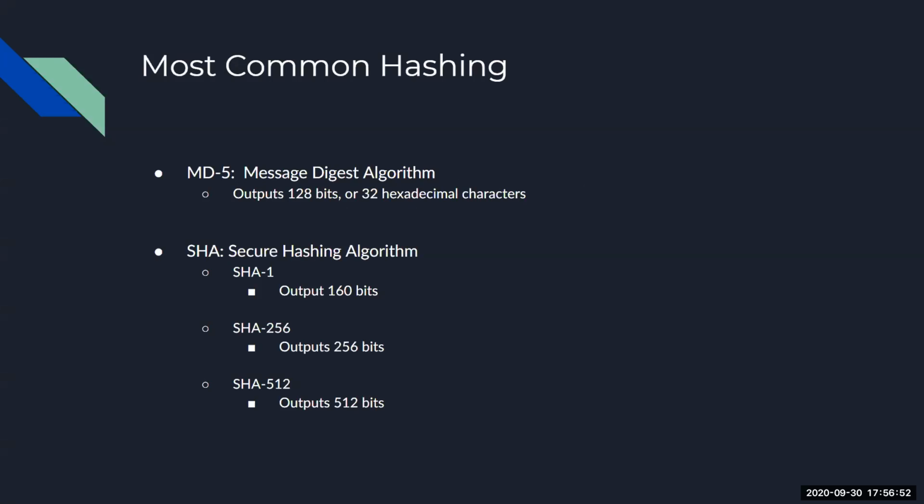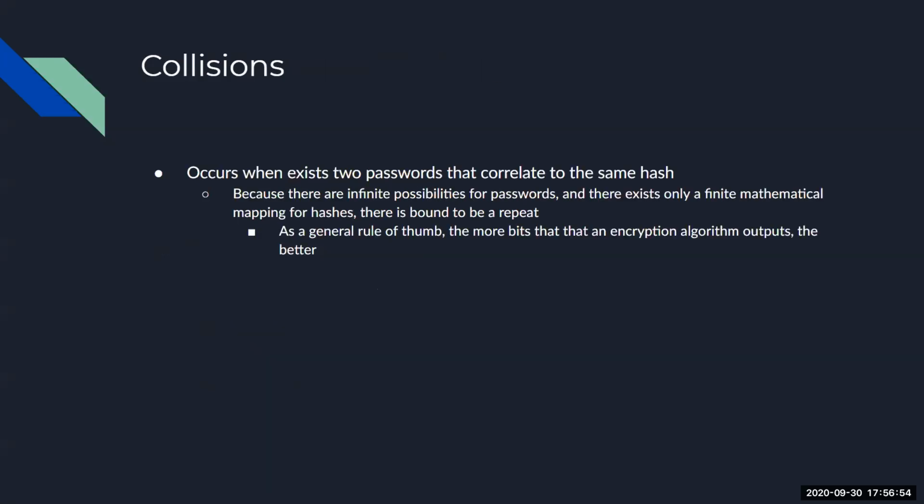That, even though it's a huge number, will result in a finite number that is less than infinity. So there's bound to be some sort of mapped hash out there in the world. So the more bits that an encryption algorithm outputs, the better, because that offers more opportunity for more distinct hashes when you're trying to create infinite passwords.